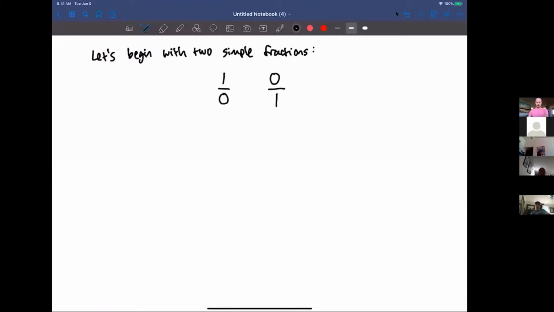I know it's horrifying. And I can begin to add these together. And I'll get 1 over 1. And I could add 1 over 0 and 1 over 1 and get 2 over 1. And I could add 1 over 0 and 2 over 1 and get 3 over 1. And I could continue. And you're probably able to guess what pattern's going to develop if I keep adding, going off in a clockwise direction around 1 over 0.